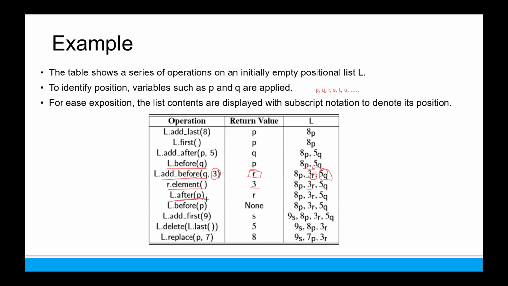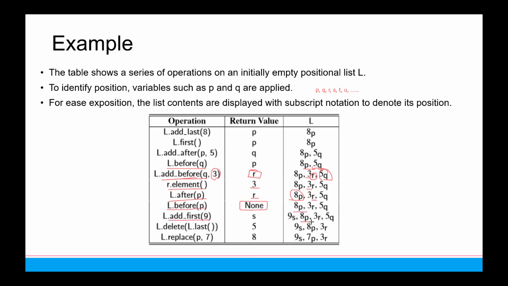We want to check after P, which is R. So the return value is R. And we want to check what is before P. Because P is the front, then of course there is none.